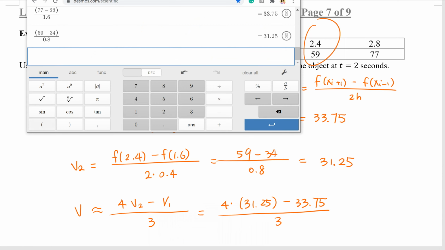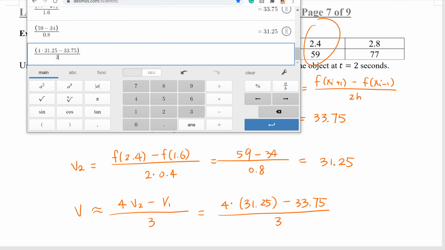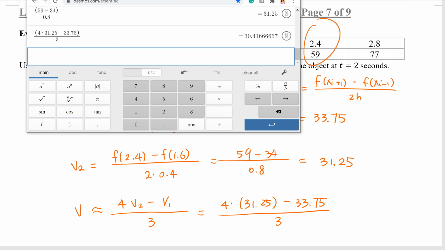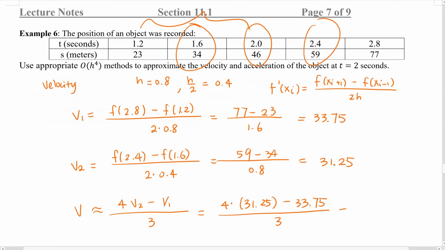So we have 4 times 31.25 minus 33.75. Oops, I missed a 7. Okay, divided by 3. 30.416. So far, so good, everybody? Okay, so that is the approximation of velocity.